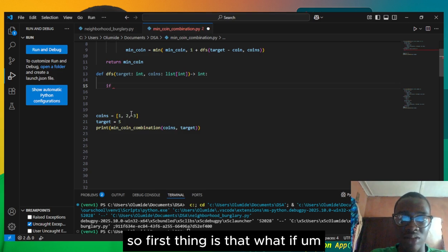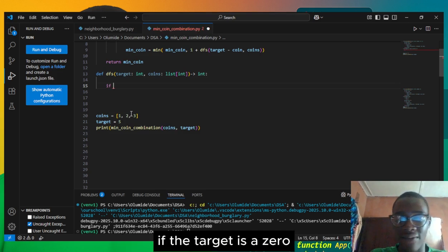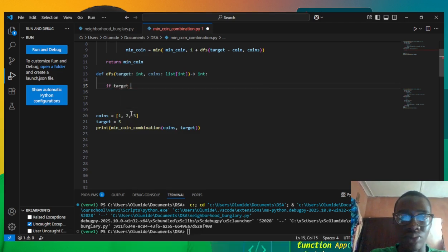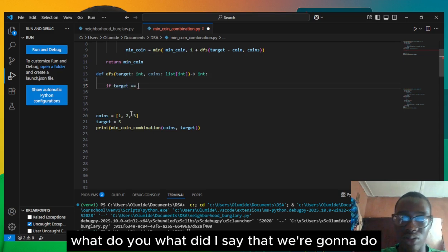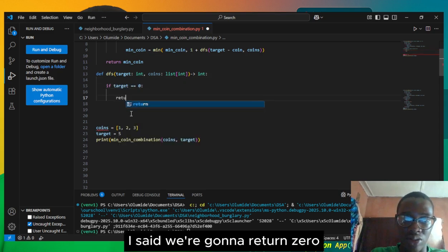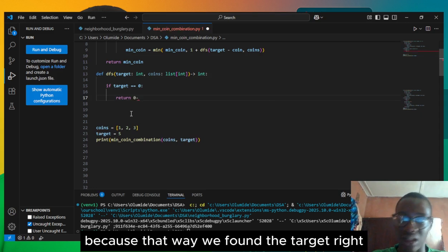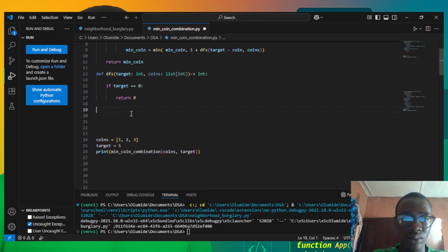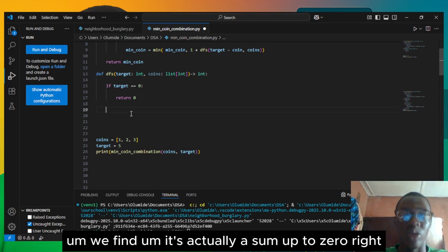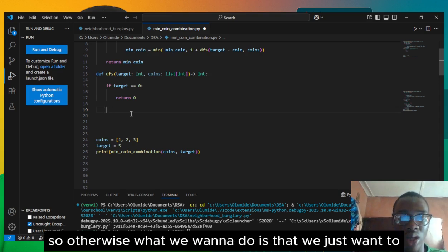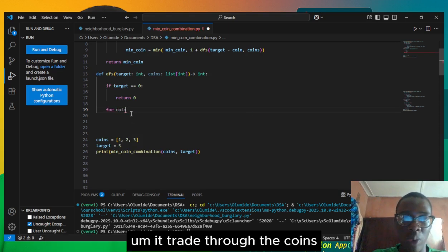So first thing is that if the target is 0, what did I say that we are going to do? I said we are going to return 0, because that way we found the target, right? It actually sums up to 0. Otherwise, what we want to do is iterate through the coins.